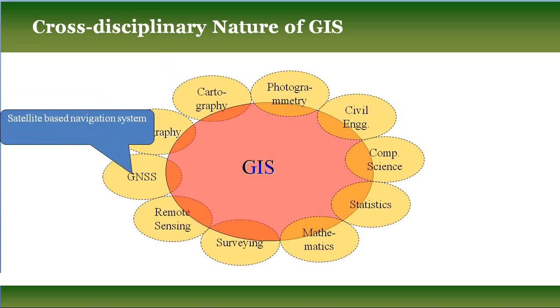Then GNSS, Global Navigation Satellite System, formerly, as I told you, called GPS, Global Positioning System. It is a satellite-based navigation system which refers to a group of navigational satellites, and those satellites provide signals from space that transmit positioning and timing data to GNSS receivers.